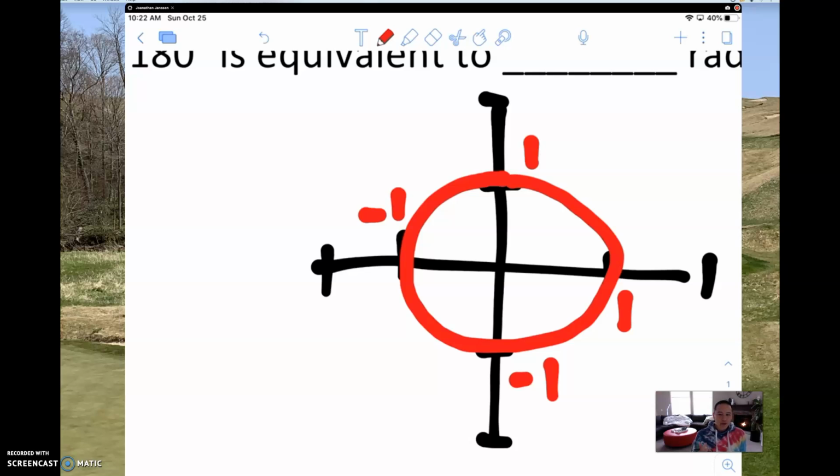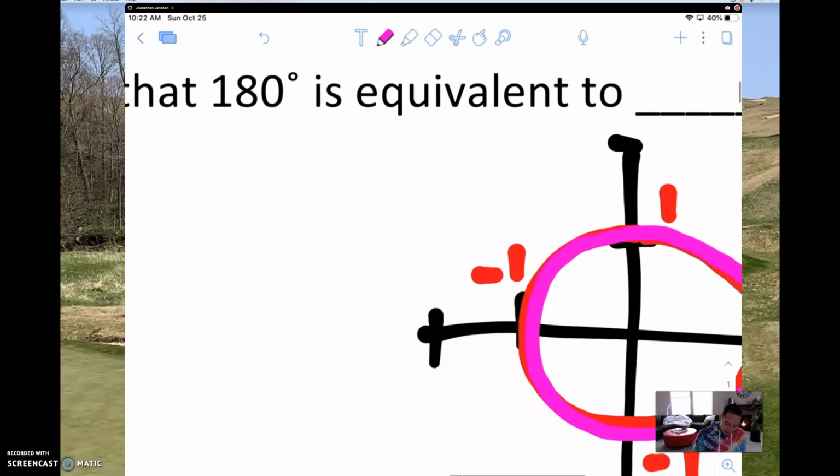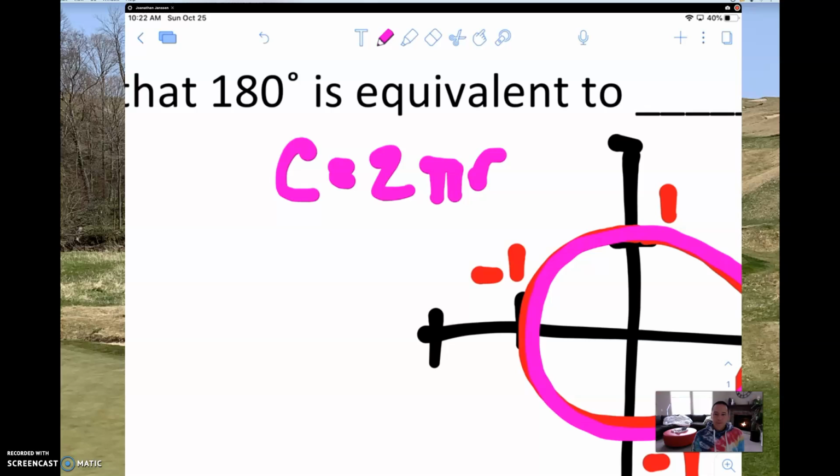So when I'm talking about radians, radians is actually measuring this distance that's going around the circle. And you probably remember that the formula for, or the name for the thing that goes all the way around the circle is the circumference. And the circumference is 2 pi r, which when you have a radius of 1, makes it kind of simple.